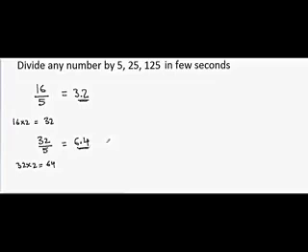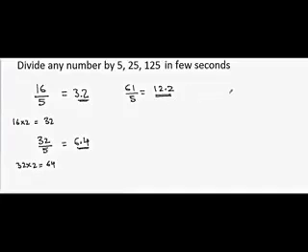My answer is 6.4. Again, if I have 61 and I want to divide by 5, the answer will be 122, one decimal, and that will give me 12.2. That's pretty easy.